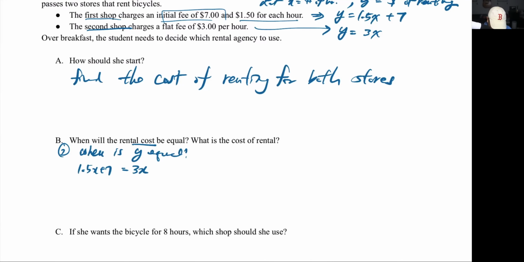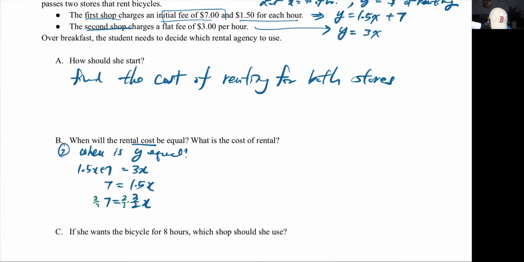Subtracting 1.5x from both sides, it's equal to this. There are a couple of ways to do this. Instead of 5 over 2, we could write that as 3 over 2 x. Working with a fraction is actually a lot easier. So we multiply both sides by 2/3, like this.